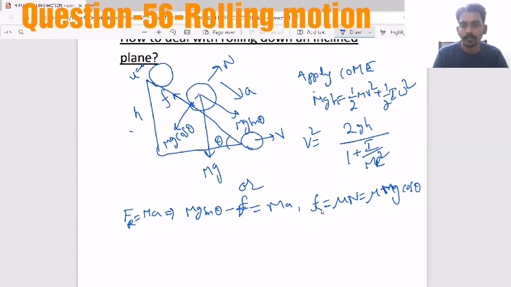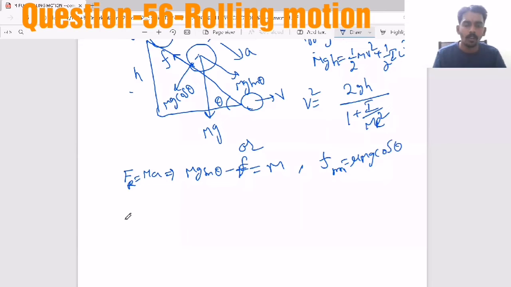No, sorry. Here friction is not sliding friction. That is the maximum friction actually. The maximum friction that can develop is mu mg cos theta.